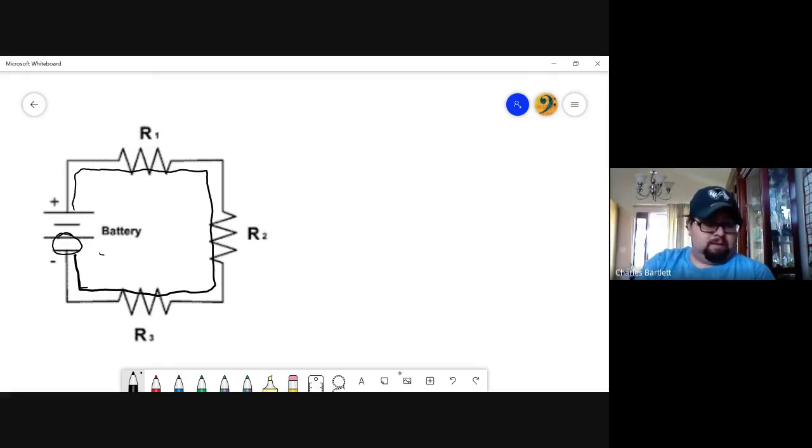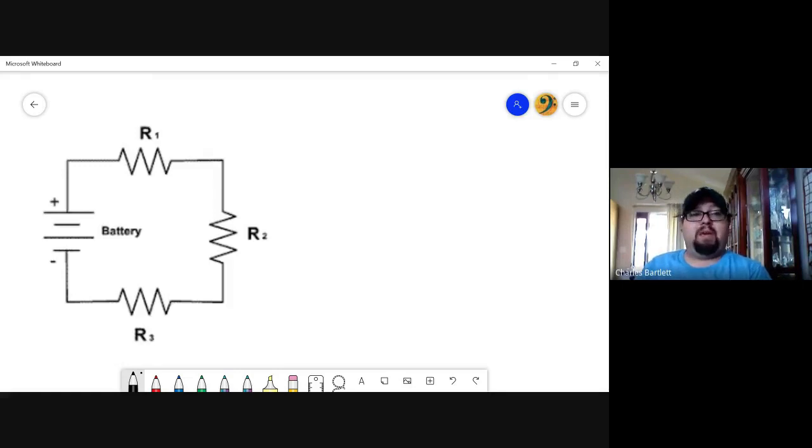And they want to balance out, so they're going to flow the other way. But that's actually beside the point, because as long as you understand that electrons are flowing through the circuit, you are A-OK until we get to AC, and then it will blow your mind.